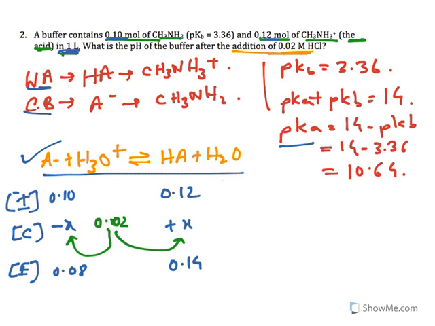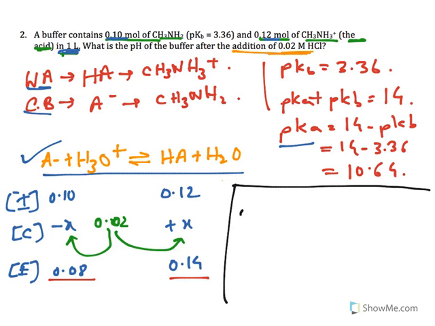Now that we have the final concentrations, the pKa, and a reaction along with the weak acid and conjugate base identified, we can move on to the Henderson-Hasselbalch equation to see whether our pH change keeps our buffer working.